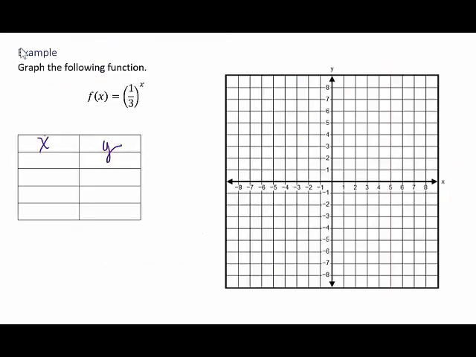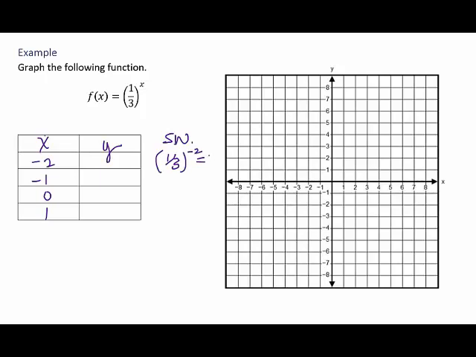So let's take a look at an example. We're going to try to graph the function f of x is equal to 1/3 to the x. We'll use a table and select some different x values, and I'll choose -2, -1, 0, and 1. For my scratch work, I'm first going to take 1/3 and raise it to the -2nd.